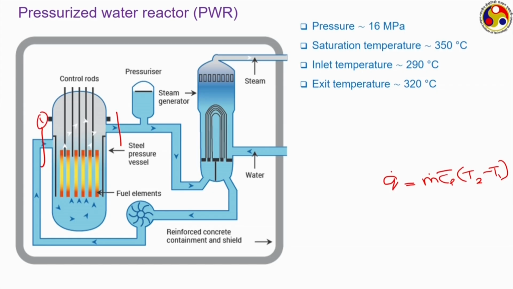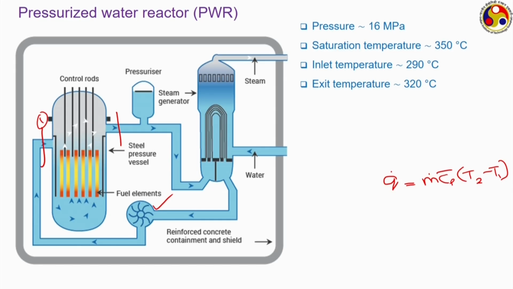So, if we have some idea about this Q dot, and Cp being generally a known quantity, then you can control the m dot by a pump which is mounted here to keep this temperature difference, that is T2 minus T1, to some reasonable value of 25 to 30 degrees Celsius.